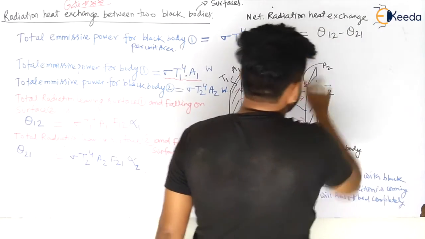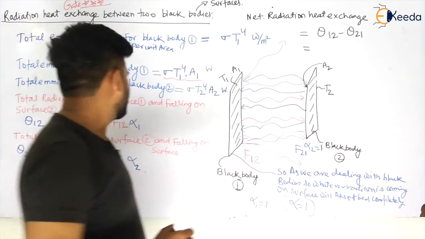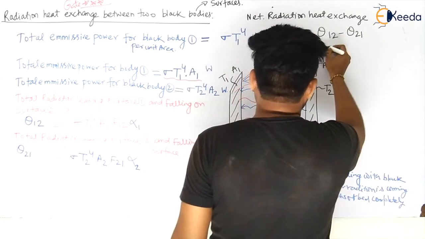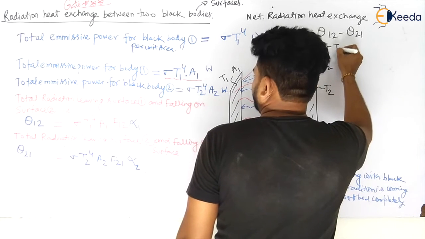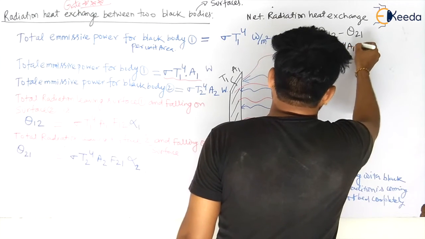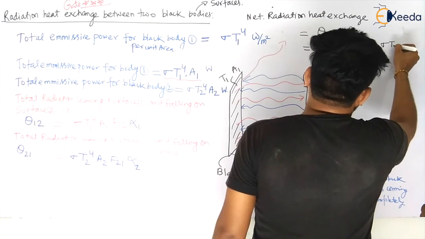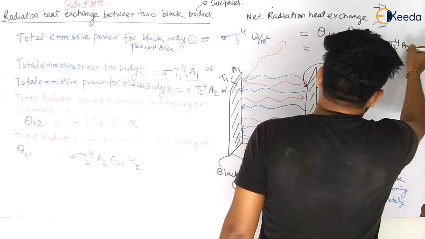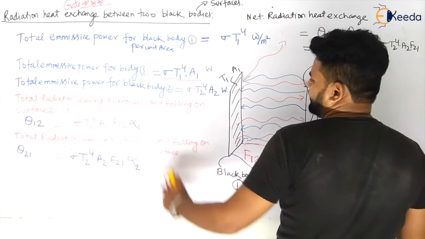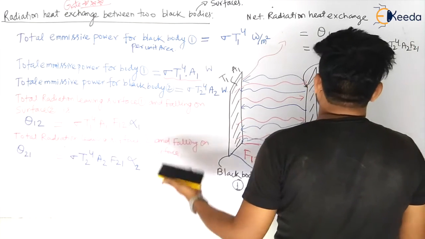Yes or no, my dear students? Q12 minus Q21. So this will be nothing but sigma T1 to the power 4 A1 F12 minus sigma T2 to the power 4 A2 F21. And I have taken alpha 1, alpha 2 equal to 1, my dear students.